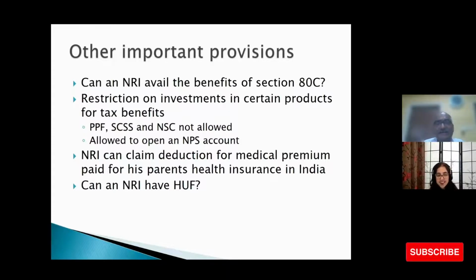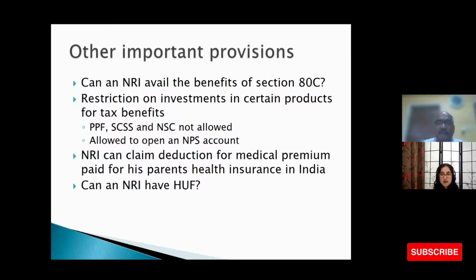But can NRIs open this as well? NRIs and persons of Indian origin have very recently been allowed. Initially, the scheme was meant only for residents. But at the request of the NRI community, the PFRDA has made it available to non-residents also.